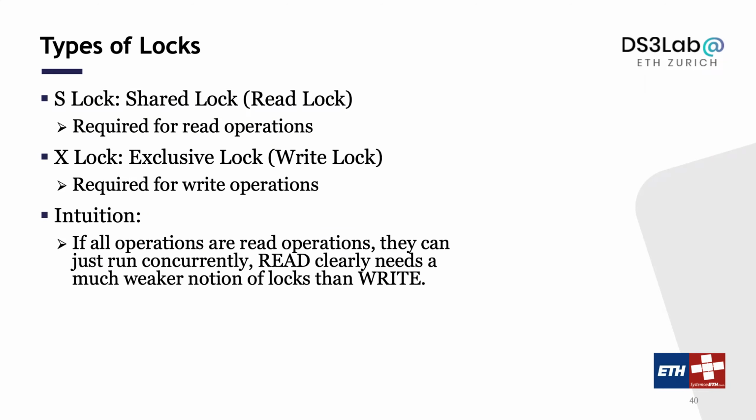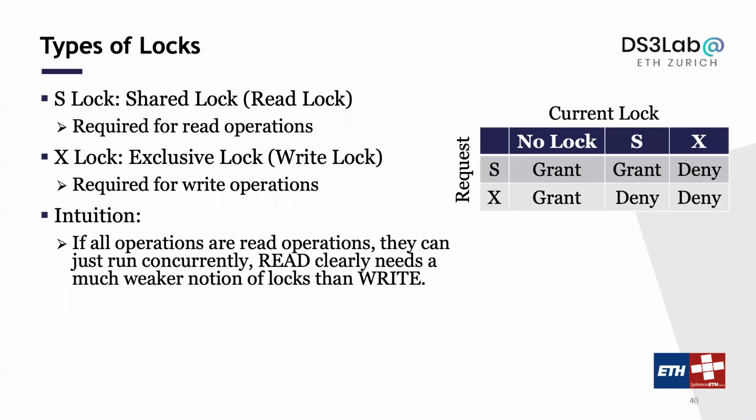The intuition is that if all of your operations in different transactions are read operations, then they can just run concurrently, right? That's just one simple example of how separating read and write can give you potential benefits. In a database, we always think of this kind of lock table, right?